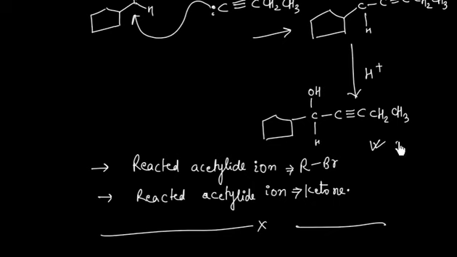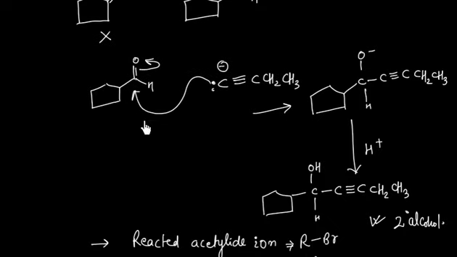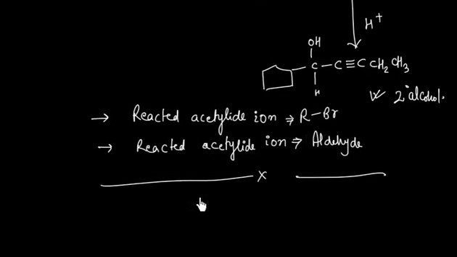So this is a 2-degree alcohol. So this is aldehyde, sorry, this is not ketone. So second time it is reacting with aldehyde, and that's why it gives 2-degree alcohol. So this one is aldehyde. Aldehyde gives 2-degree alcohol.